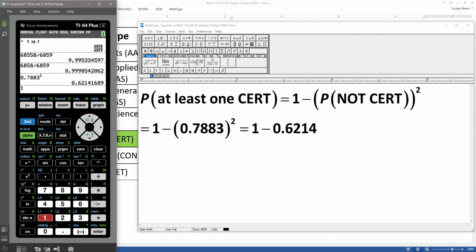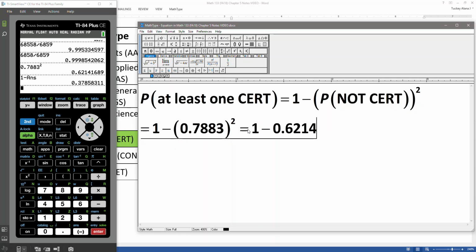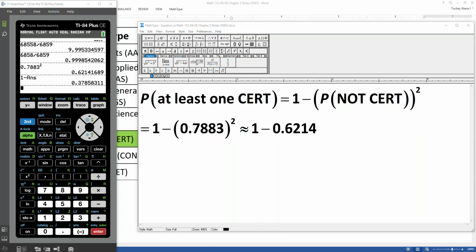Roughly. 1 minus that would be 0.3785. Of course, we're rounding here, so I should put in the approximation equals. But other than that, we're good. Done.